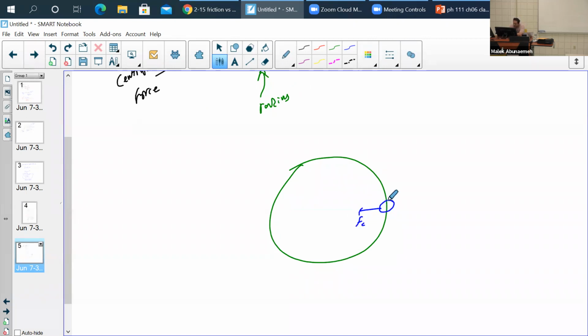That's your force Fc, and this is going to control your velocity v. The force is towards the middle, Fc, while your velocity is going to be this way. And so forth. Let's say over here, this is your Fc, and your velocity will be headed over here.